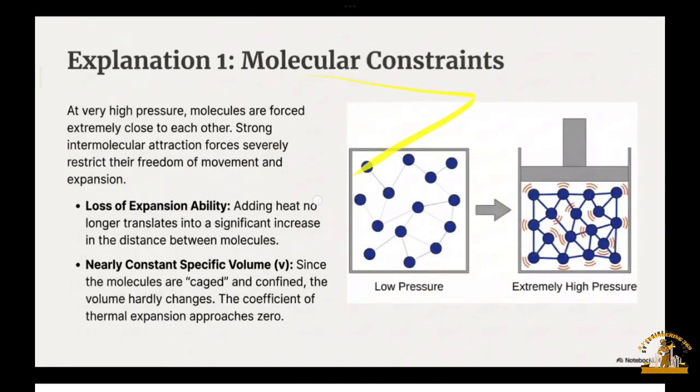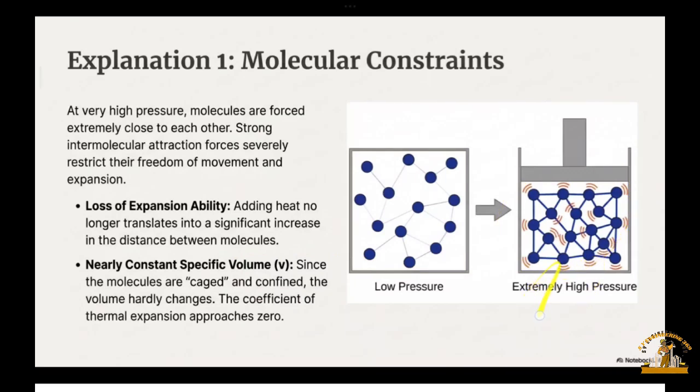Explanation: molecular concentration. At very high pressure, molecules are forced extremely close to each other, like in this figure. Strong intermolecular attraction severely restricts their freedom of movement and expansion. Loss of expansion ability: adding heat no longer translates into a significant increase in the distance between molecules, as we can see here.